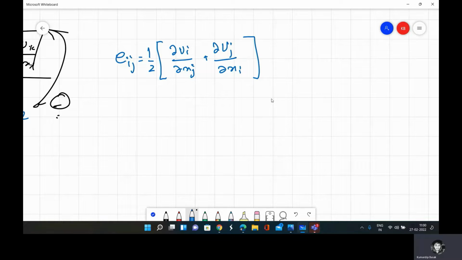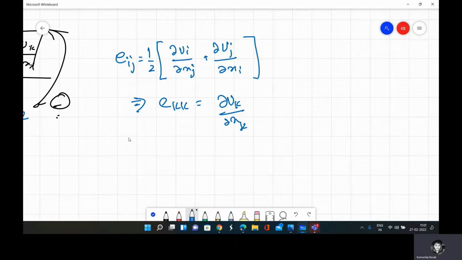What is this Eij? This Eij is nothing but related to the local velocity gradient. And if we now apply i equal to j equal to k, we can get from here that ekk equals del uk by del xk. Very simple from here.